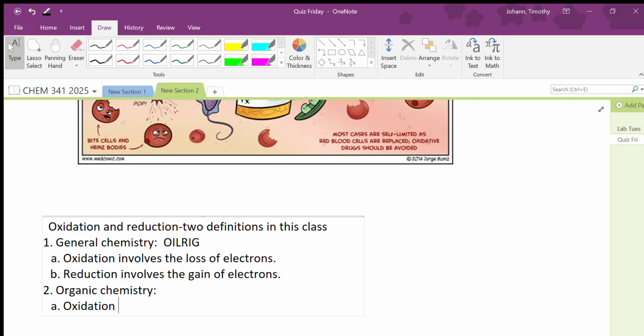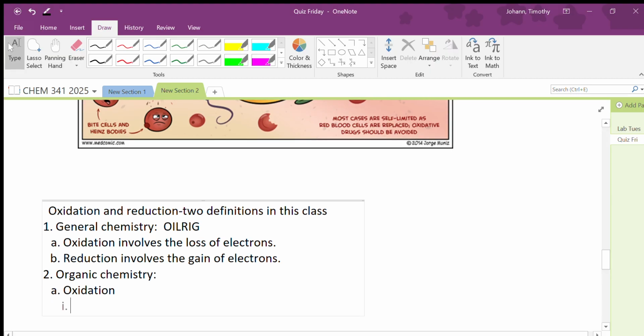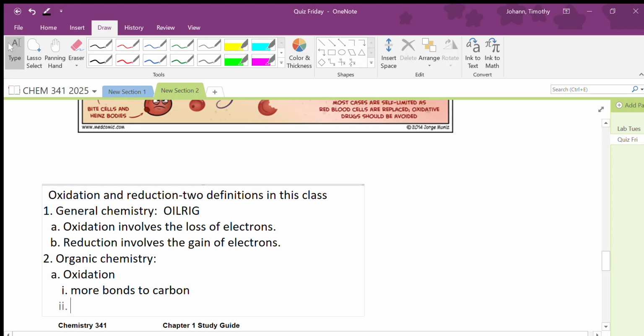So for oxidation, we'll go ahead and more bonds to carbon, or fewer bonds to hydrogen. Yes, I did mean oxygen.